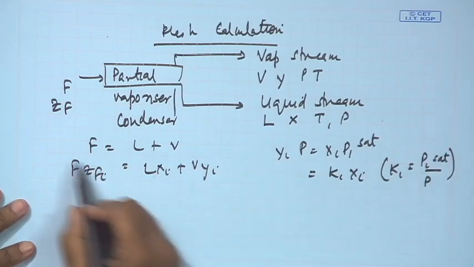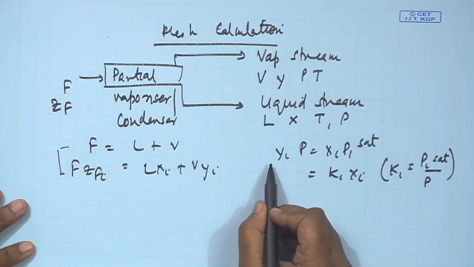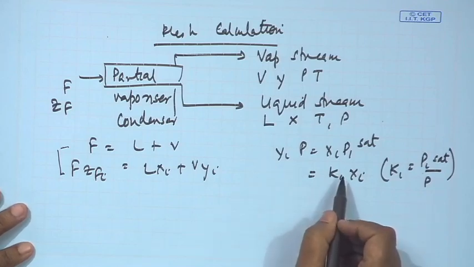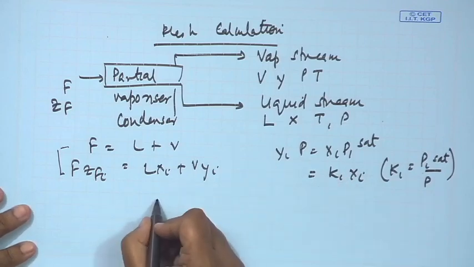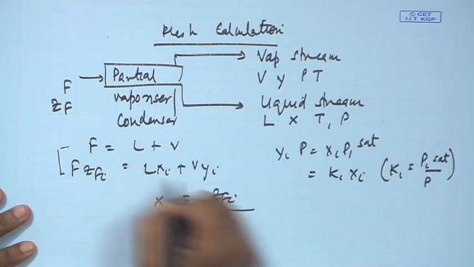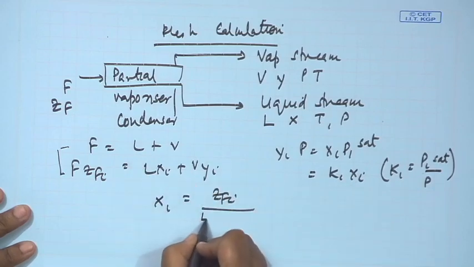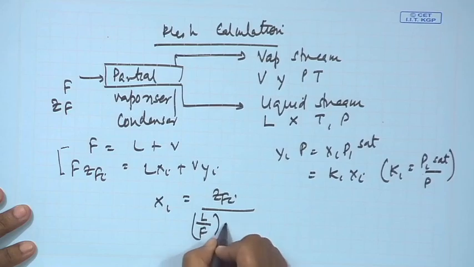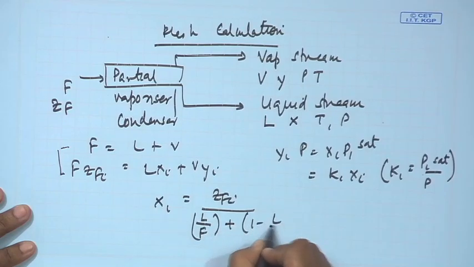So, I have these two equations and I have got a set of Ki equations, as we say. From there we can find out Xi as ZFi, you can just calculate this and find out this equals L by F plus (1 minus L by F) into Ki.